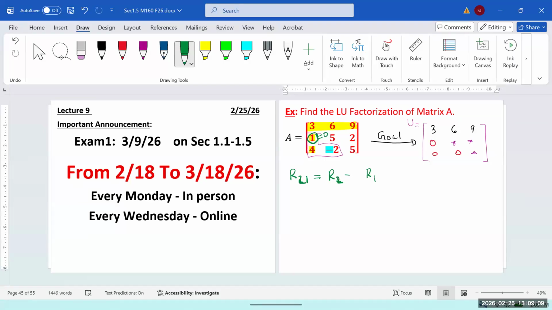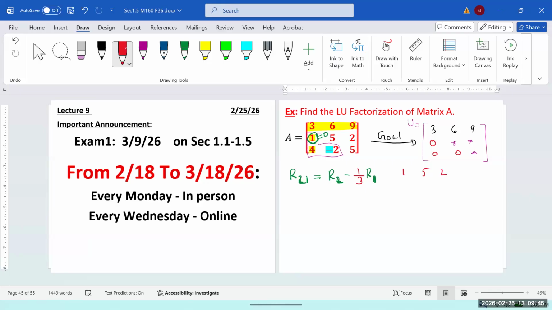Row 2 is 1, 5, 2, and we are subtracting 1/3 of row 1, meaning row 1 divided by 3.